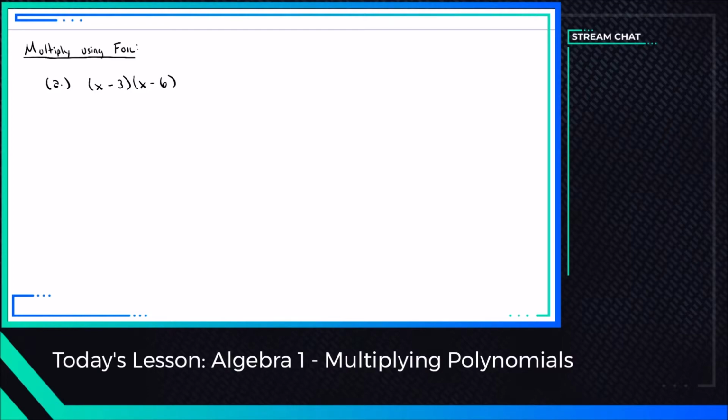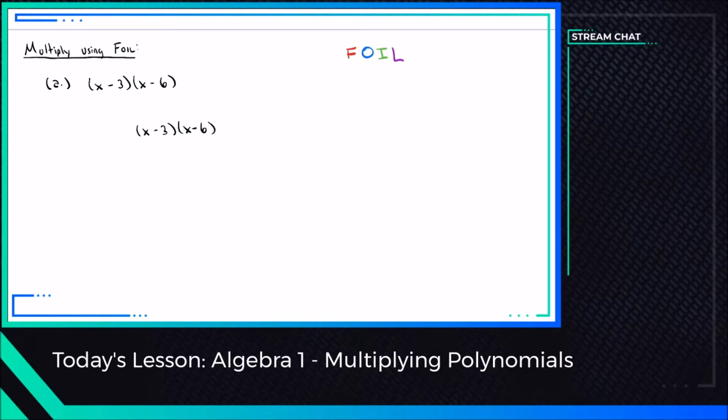And so if we take our x minus 3 multiplied by x minus 6, I'm going to keep the same color scheme. So F is going to be my first terms. The blue O is going to be my outside terms. The green I is going to be my inside terms. And then the purple L is going to be my last term. So we keep that same color scheme here going on.